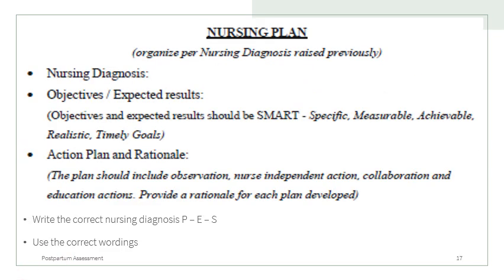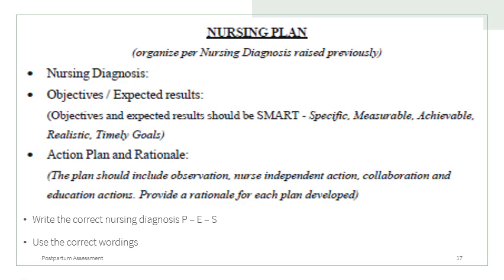Once we have the nursing diagnosis, we begin to formulate the nursing plan. So what do we want this anxiety to become, what's the objective, what's the expected result that we want the mother to have? We should write it according to SMART criteria, so we make sure that the mother will be helped by our care.